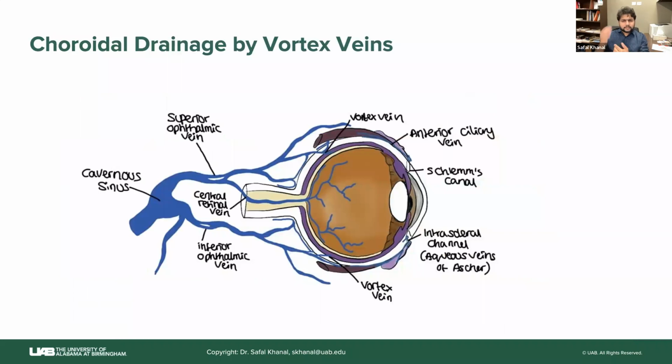Now again, the drainage, like other posterior tissues, is through the vortex vein into the superior and inferior ophthalmic veins, and then finally drains into the cavernous sinus. So the vortex vein to the inferior and superior ophthalmic vein to the cavernous sinus.